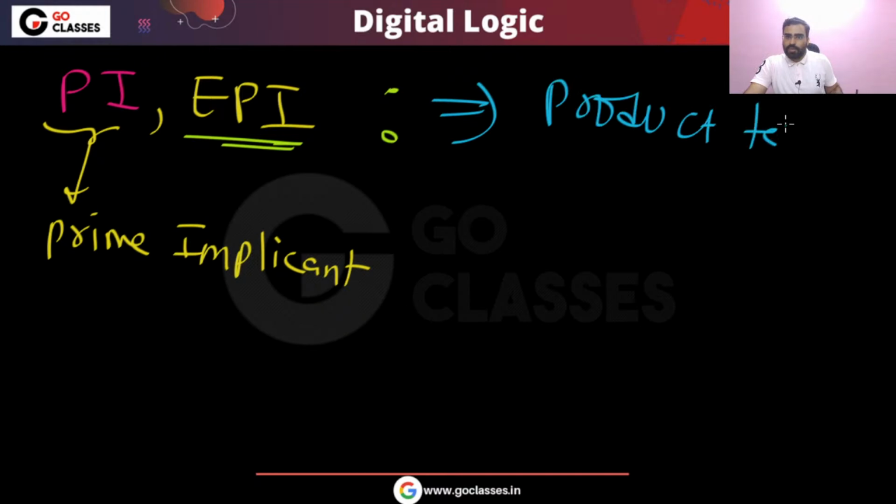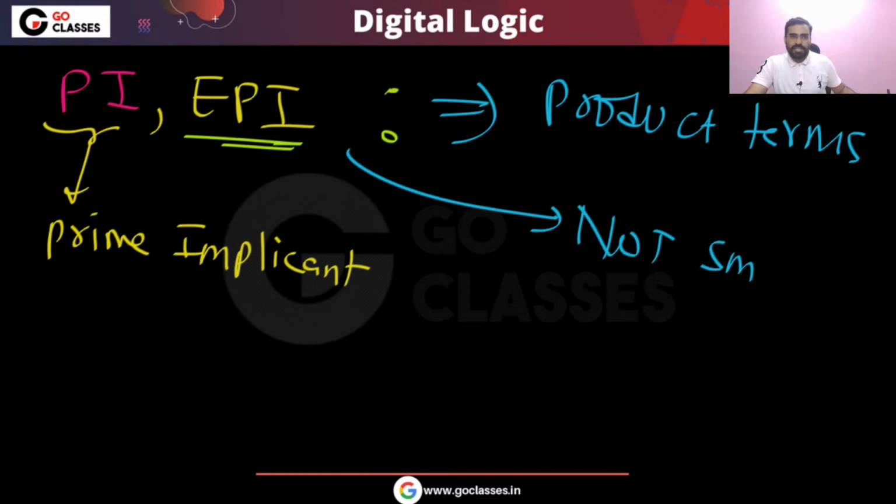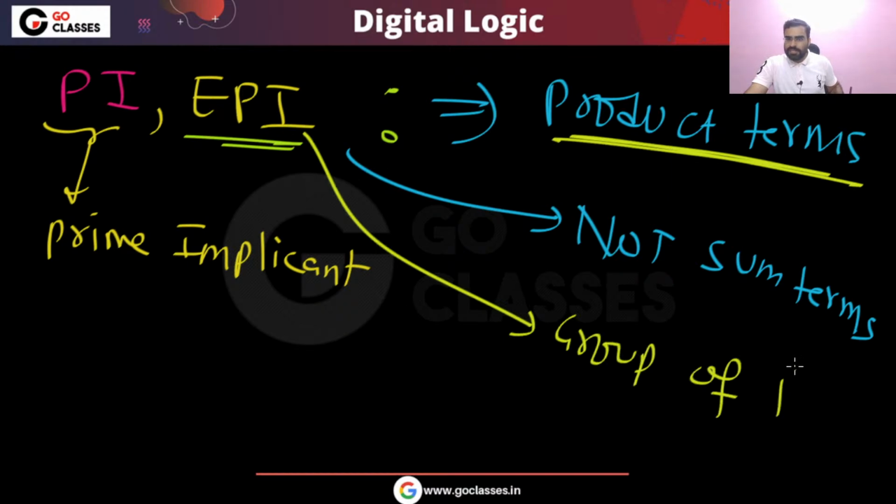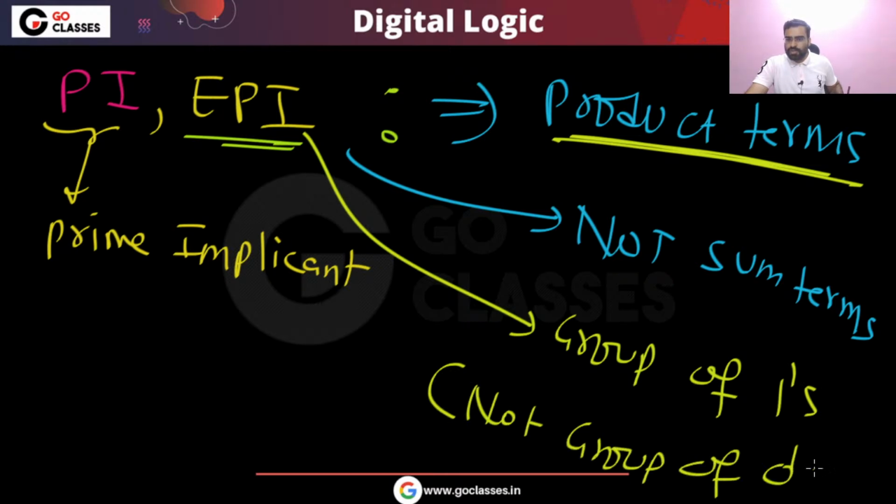These are product terms. These are not sum terms. We have already seen, these are groups of ones, not groups of zeros.